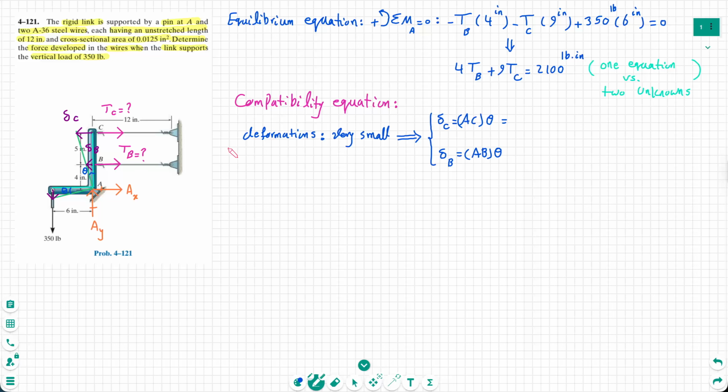Because the AC we are given as 9 inches, I just write 9 theta, and AB is 4 inches, I write 4 theta.